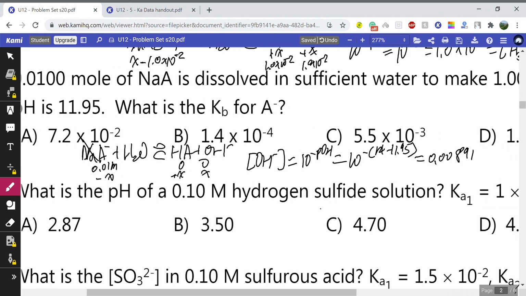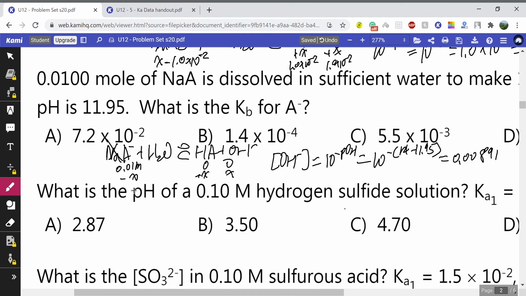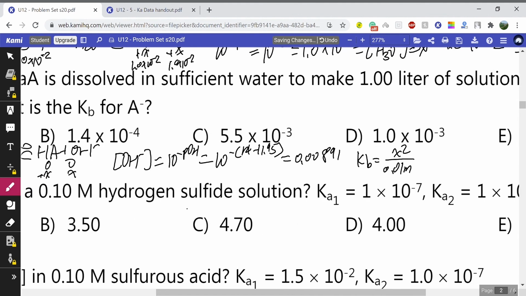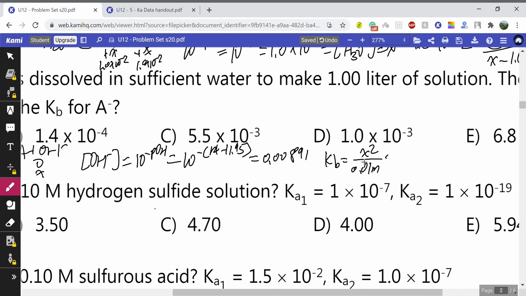Now we're looking for the Kb for A minus. So this is already Kb, great. So Kb is equal to x squared divided by 0.01 moles minus x, where x is what we already found, 0.00891.